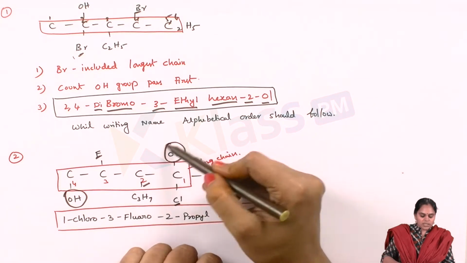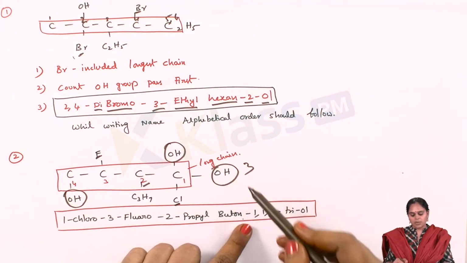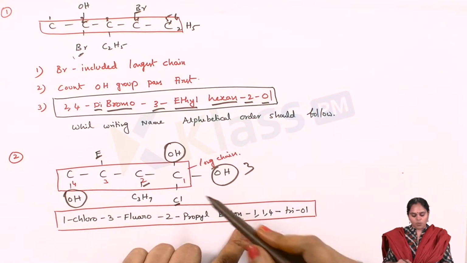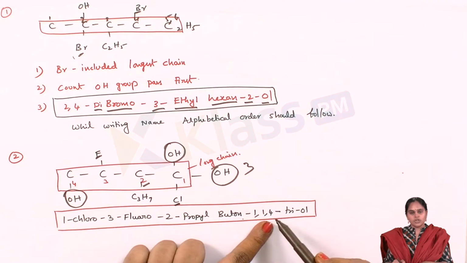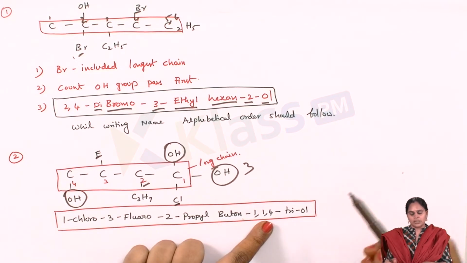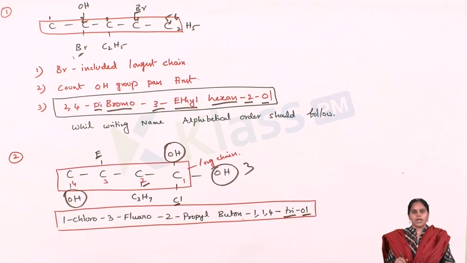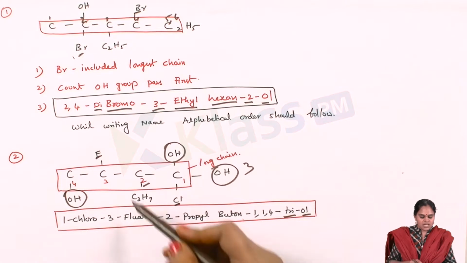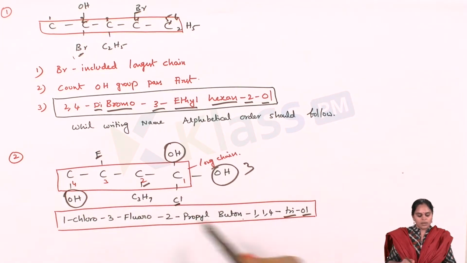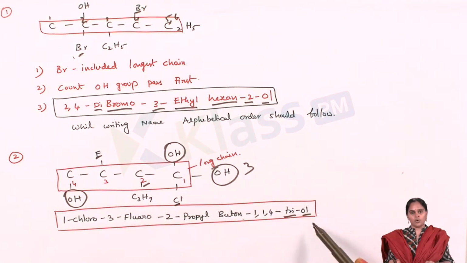How many OHs are there? 3 in total. Where are those OHs placed? 1, 1, and the fourth position, so mention the numerical values. All together, 3 means triol. I hope you understand this. So: 1-chloro, 3-fluoro, 2-propyl, butane-1,1,4-triol.